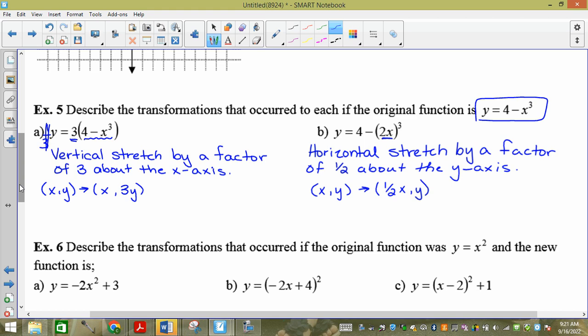So we put translations together, reflections together, stretches together. Okay? Page 29. 5 to 7. And 9.